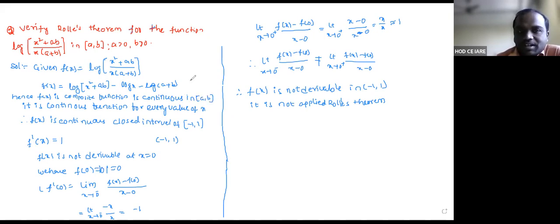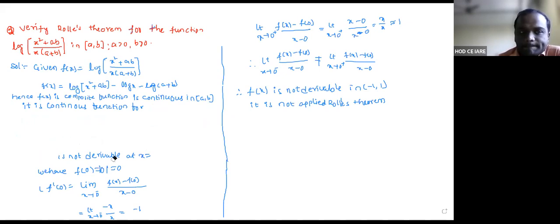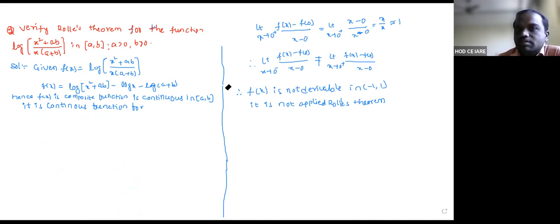So it is a continuous function in the closed interval of a comma b. Now, is it derivable?